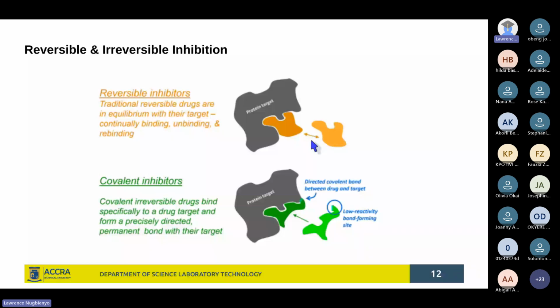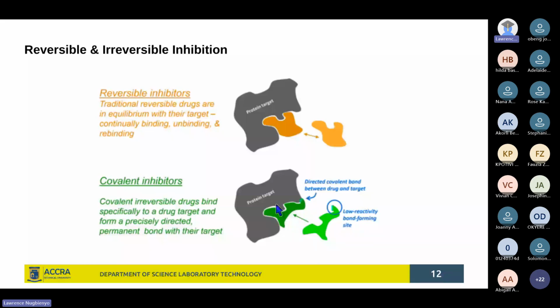Then you do have inhibitors that form covalent bonds, for instance, with proteins, that is, forming a permanent enzyme-inhibitor complex that is not reversible.